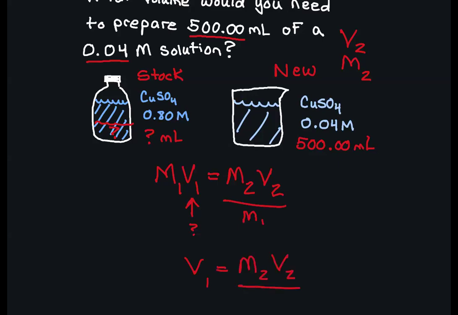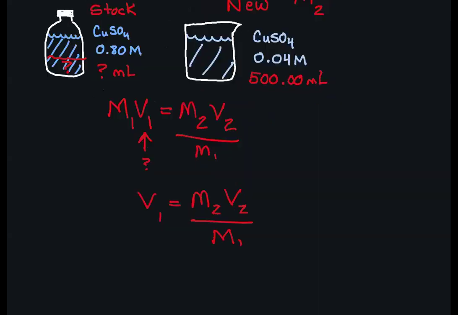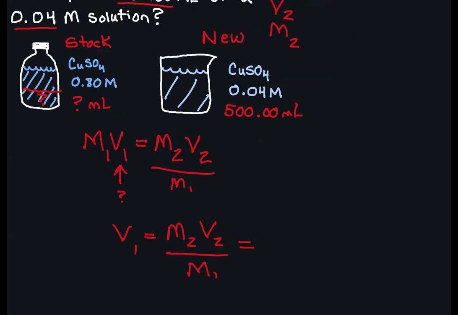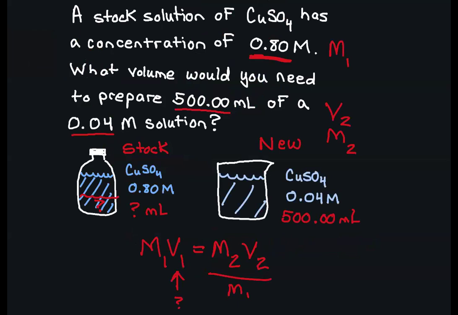Now we can plug in the numbers that were given. M2 is the new concentration, and that was 0.04 moles per liter, multiplied by the new volume, which is 500 milliliters. So 500 milliliters, remember, needs to be converted to liters. 500 milliliters equals 0.5 liters.